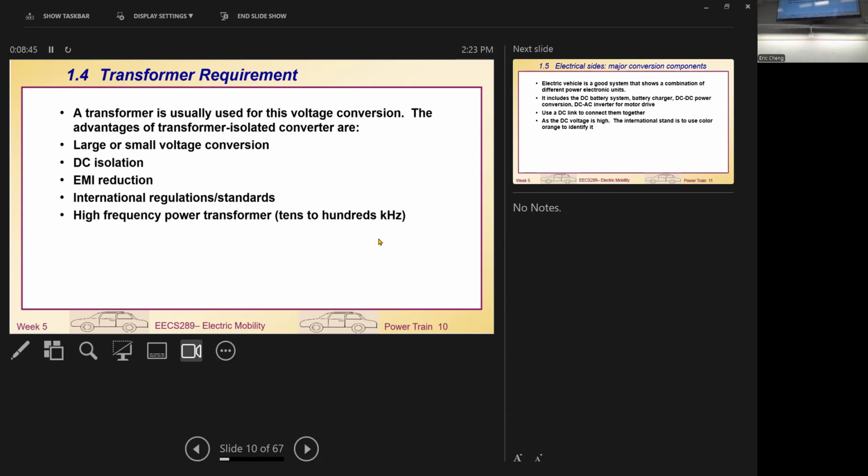Then you also get a better transformation of voltage. This voltage can be high voltage, but if you want to connect to a VCU, a computer, it's only 5 volt. So with such a high voltage, you will still need a transformer to reduce the voltage.